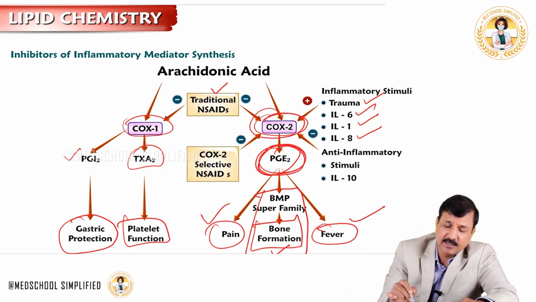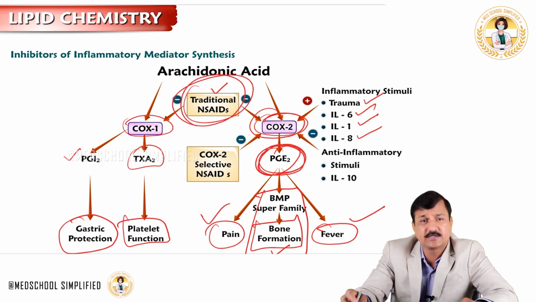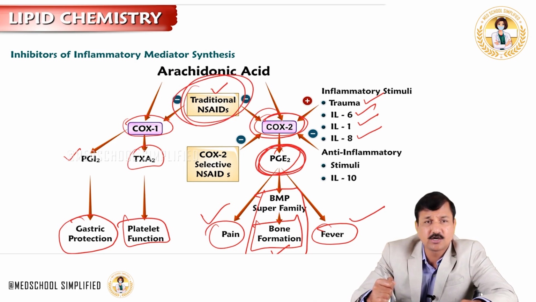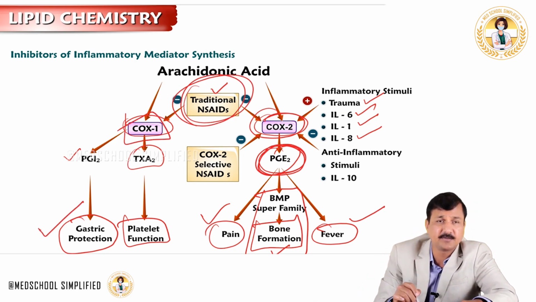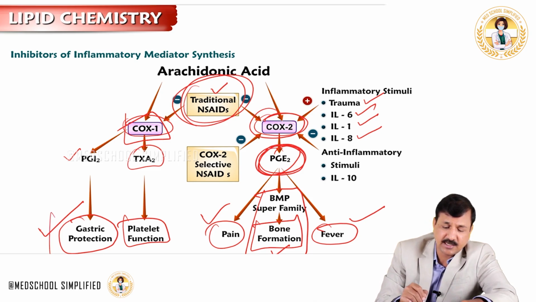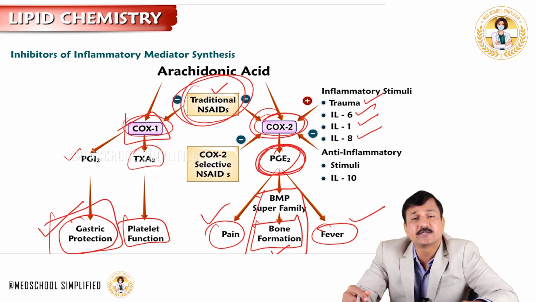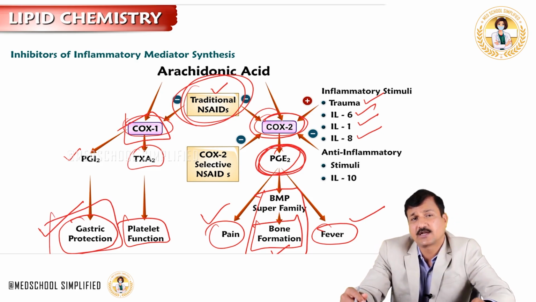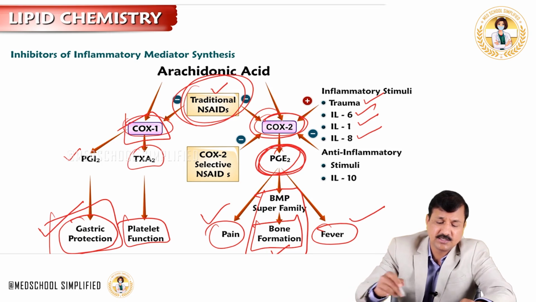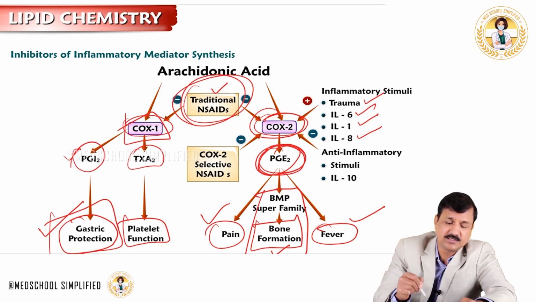And other than that, traditional NSAIDs are not only inhibiting the COX-2 enzyme, they are also inhibiting COX-1, thereby gastric protection can be taken away. That means it can lead to gastritis or an increase in the acidic environment in the stomach, because mucus secretion, which is generally in response to COX-1 through PGI2, can be decreased.